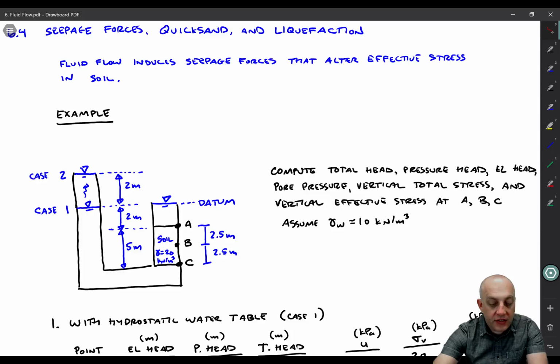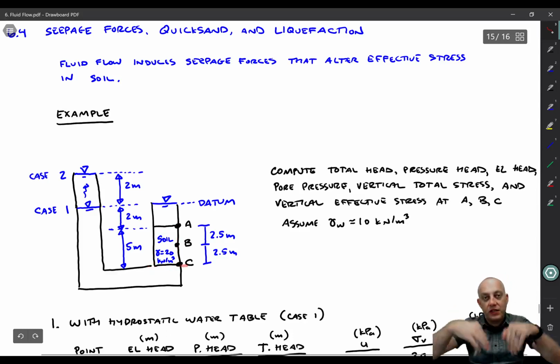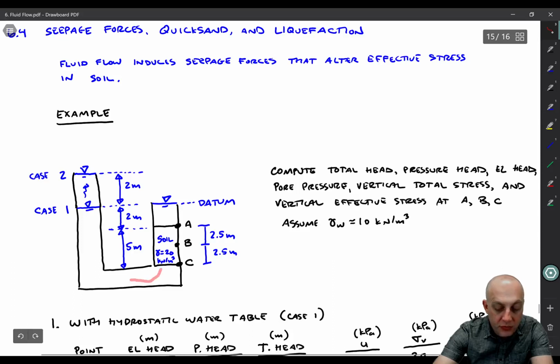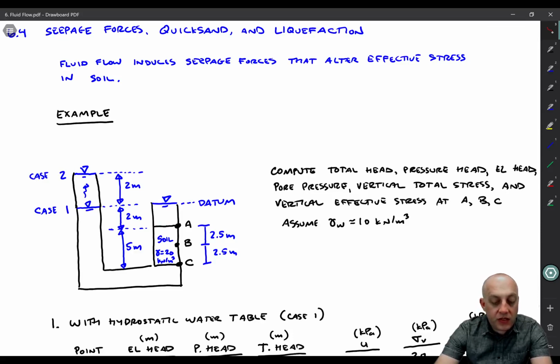So what we have is a condition where there's a water table on the left side, a water table on the right side, and then there's soil down here, and we'll assume that the soil is supported at the bottom so that it's not free to just fall out of this device, and we're pushing water basically from the left through the right side. And we're going to solve it for two different groundwater cases.